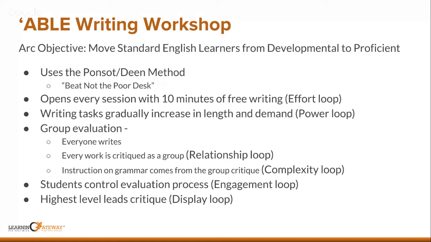So they get to take the role that the instructor takes and helps to lead a group critique of work. This is a form of recognition, right? So it's a public recognition that, hey, I've gotten to the point where now I've had enough experience with this. I know how to do this. And something that every participant in the workshop eventually will be able to do. So it's, as I mentioned in the display loop, now you've got this public recognition that you've reached a certain milestone. It comes with a set of privileges.